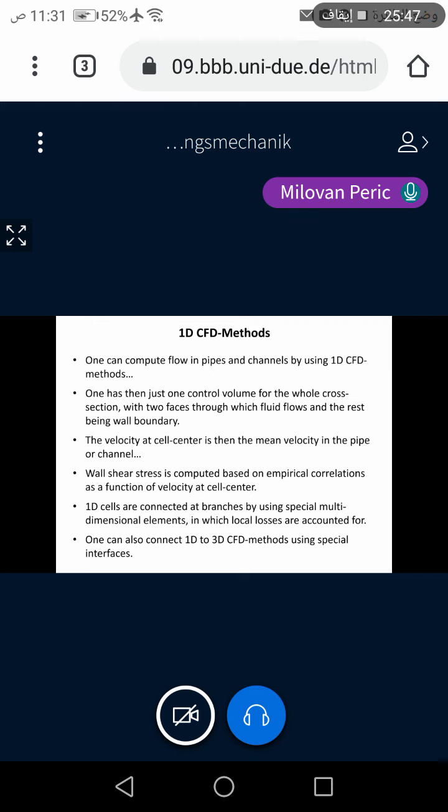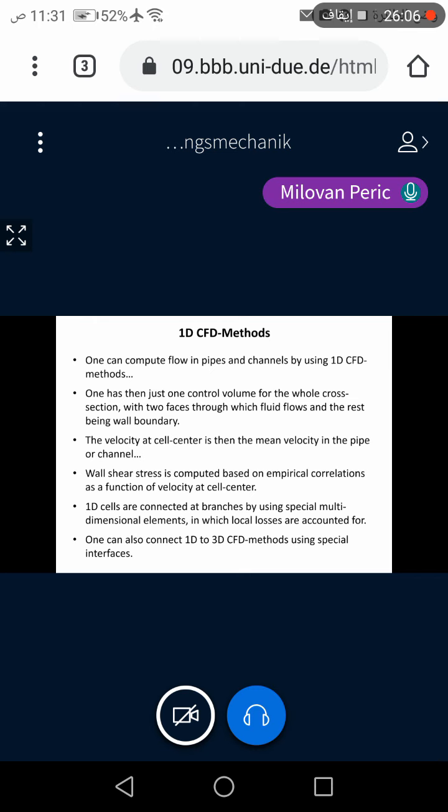Now all these 1D cells are connected at branches, and these branching multidimensional elements need to take into account the methods that I mentioned earlier, continuity and closed loops and so on.